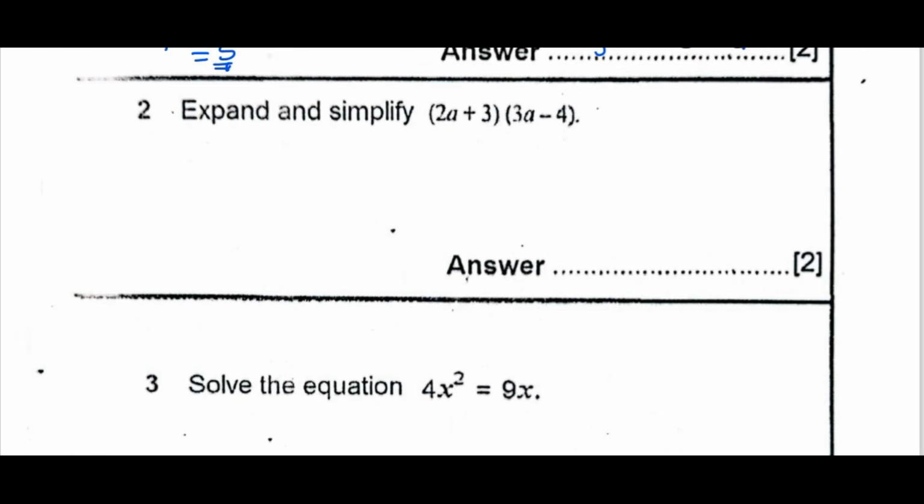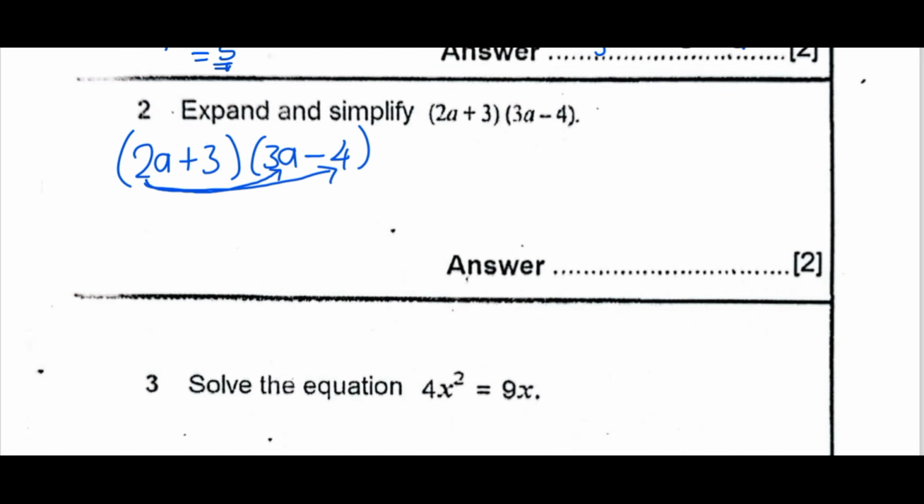Then we go to question 2, expand and simplify. The first one, we have 2a plus 3 times 3a minus 4. So we expand: we multiply 2a by 3a, and the second one by negative 4.